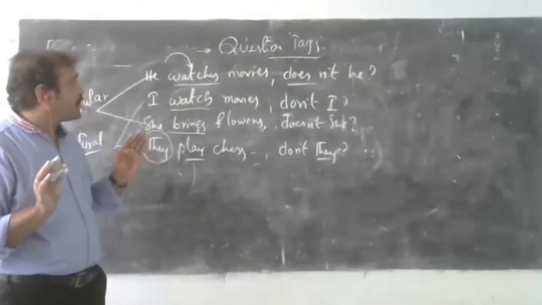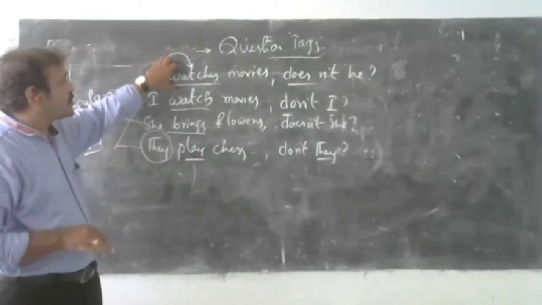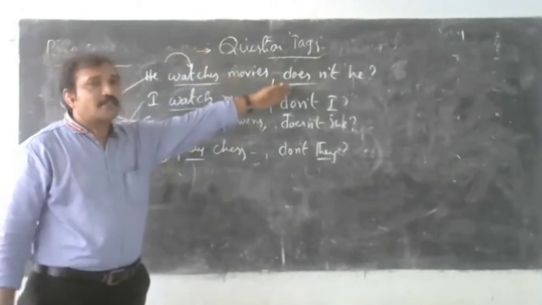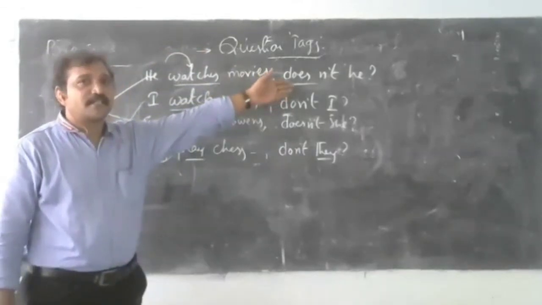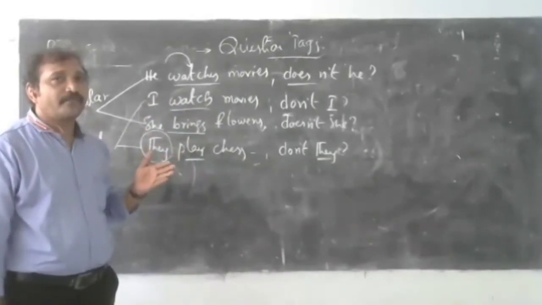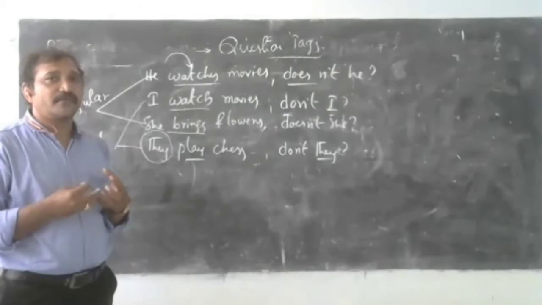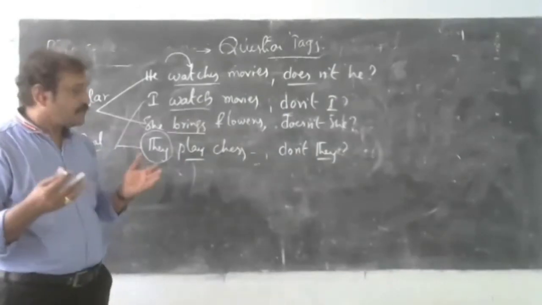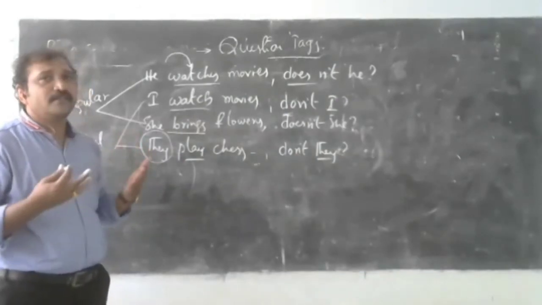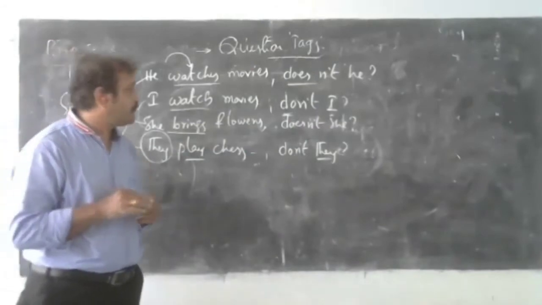Right now, just in order to make the question tag: he watches movies, you better ask a question tag like this. Doesn't he? I watch movies, don't I? So whenever we consume this information in our day-to-day life, automatically the question tags will be useful for our regular speaking.